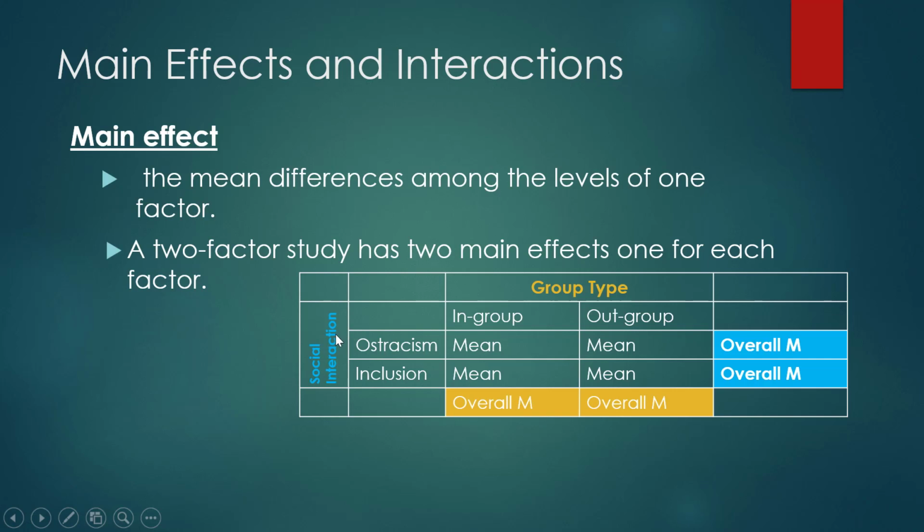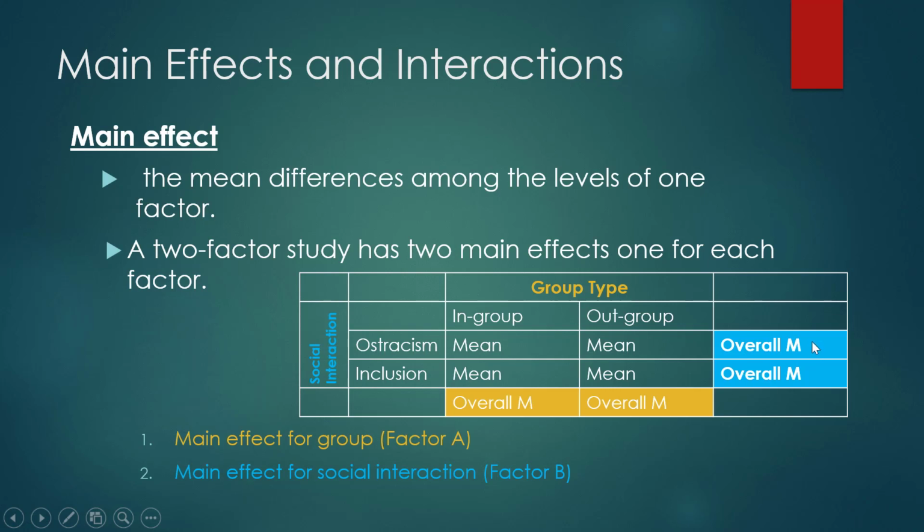So that's the main effect of factor A. For factor B, again, we don't want to compare these means because these means are dependent on group type. Independent of the other factor, is there a significant difference in factor B? So that's the main effect of factor B, where we would consider and compare the row means.